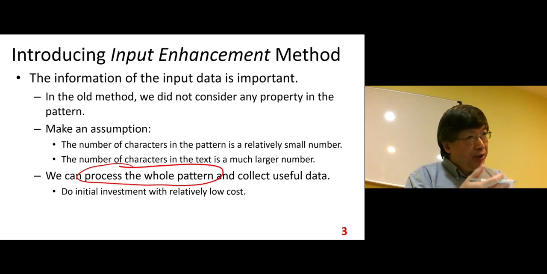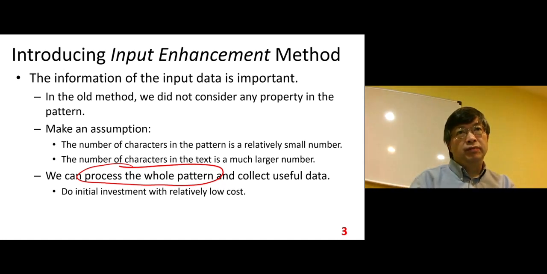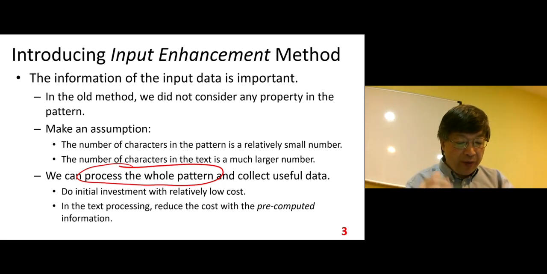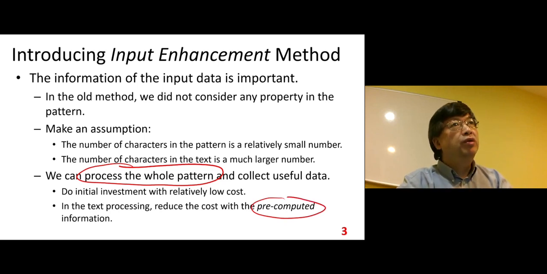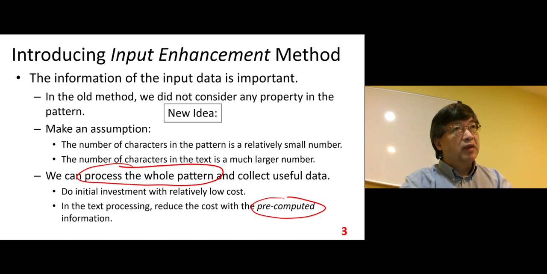We need to pay the cost, but that cost is relatively small. Then after that, later, we can get much more back. So that's the basic idea. In the text processing, we reduce the cost with pre-computed information. We do pre-computation. So here you can see our new idea, doing pre-computation.